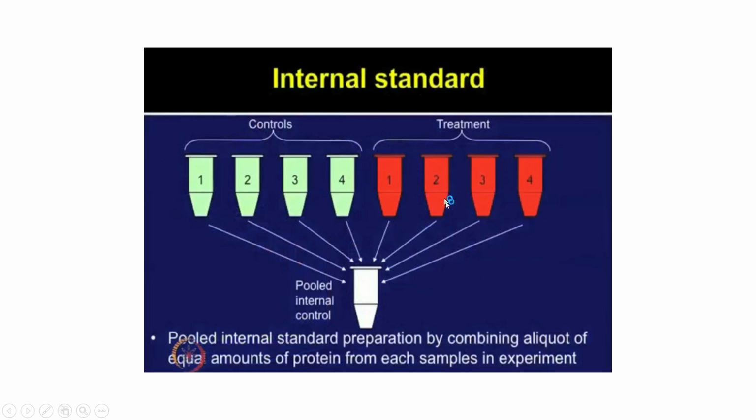If there is any contamination that gives a different peak which is not in the pooled internal control, we will not consider that. That's the reason the internal standard is used. The pooled internal standard is prepared by combining aliquots of equal amounts of protein from each and every sample. That specific thing is called the pooled internal control.